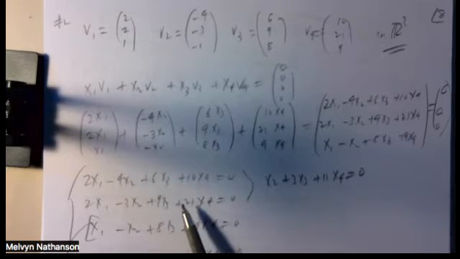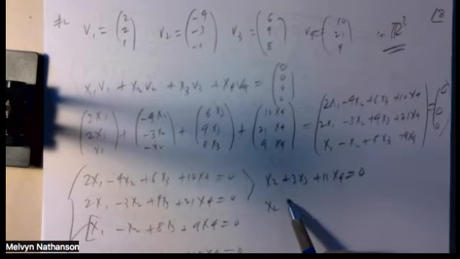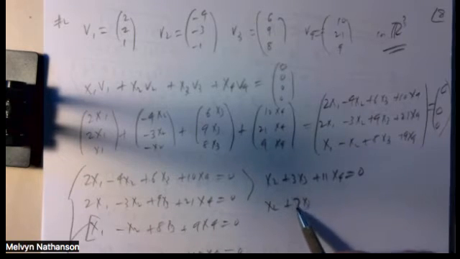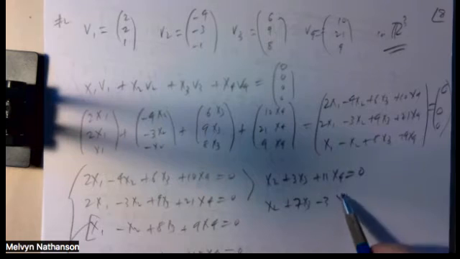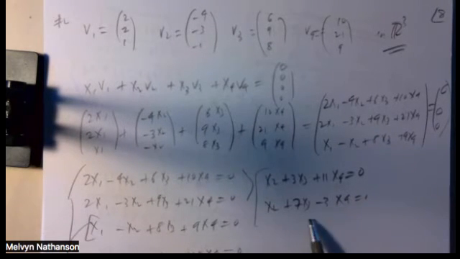If I take this equation minus the second equation, the x1's cancel. Minus 2 plus 3, I get x2. 16 minus 9 is 7. 18 minus 21 is minus 3. It's 4. So I get now 2 equations in 3 variables.